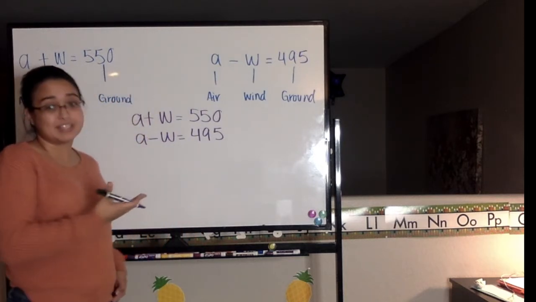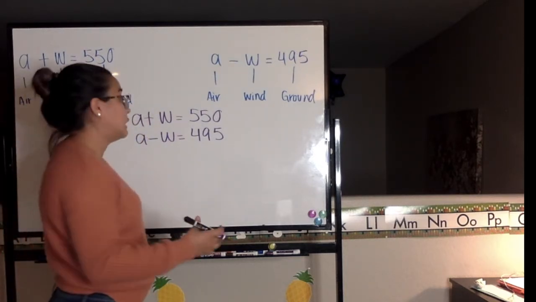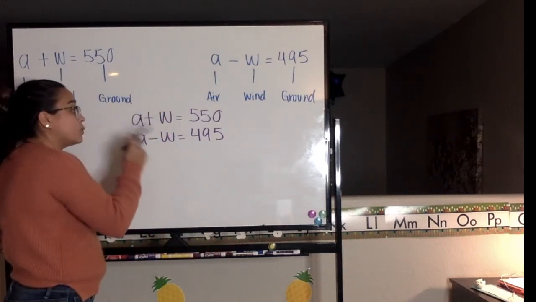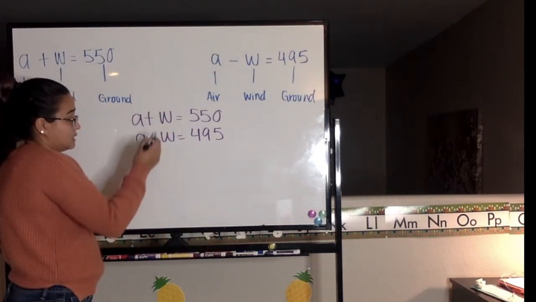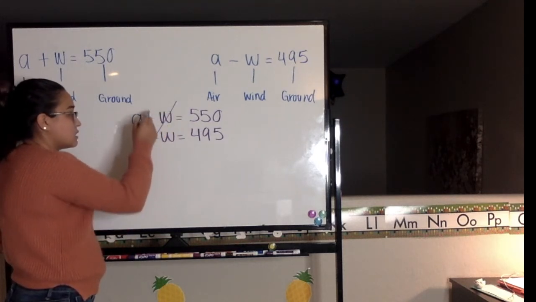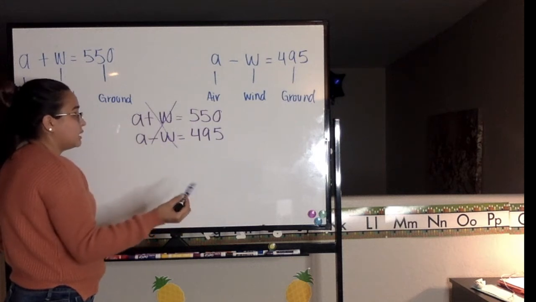Looks familiar, right? Now we're going to be adding these two. But what are we going to be eliminating in this case? We have a positive and a negative W. These automatically cancel out, so we're just going to go ahead and eliminate them.